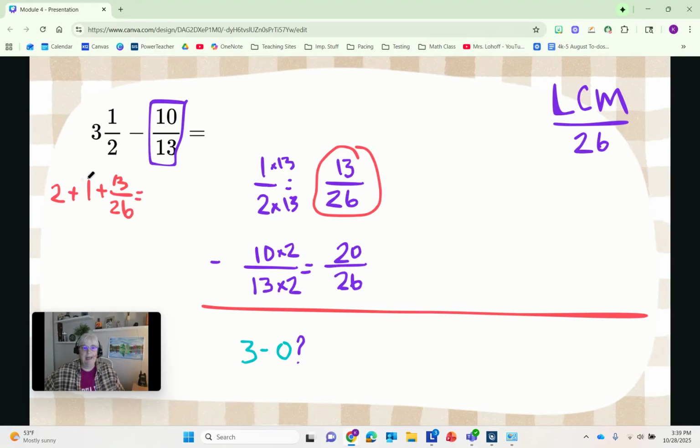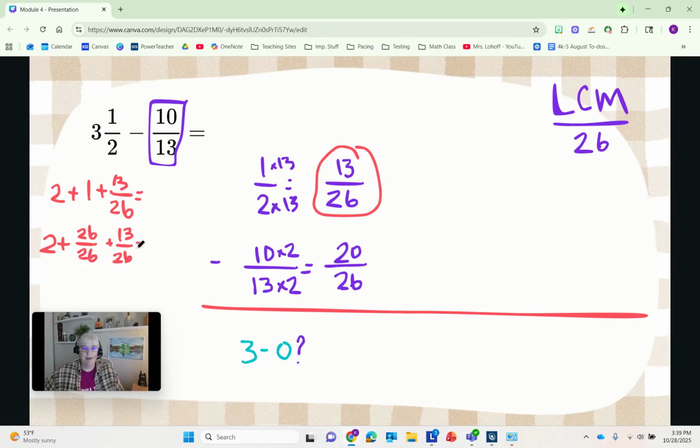Whenever I have 1, I can replace that with a fraction where the top number and the bottom number are the same, and I can pick any number I want. Well, I have 26 here, so I'm going to pick 26 as my numerator and denominator to represent 1. And then I'm going to add back the 13. That stays.